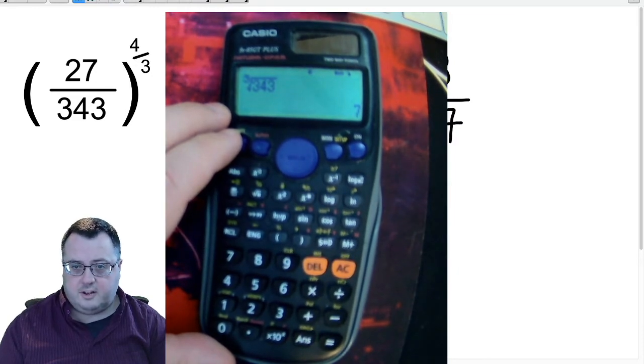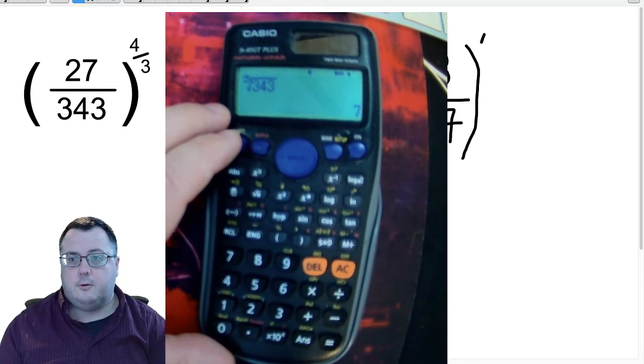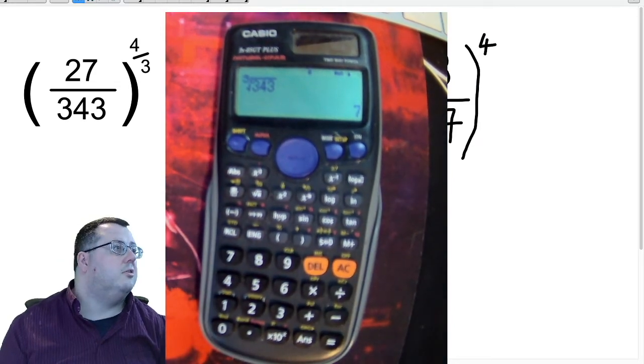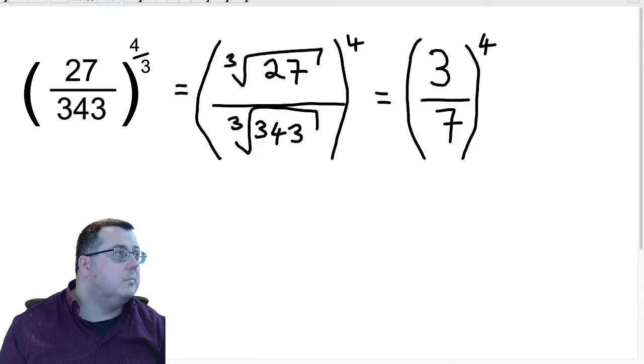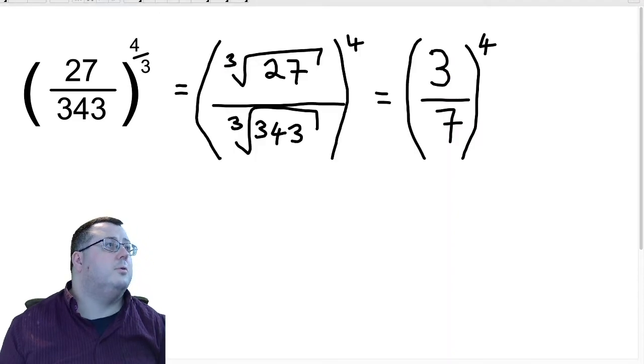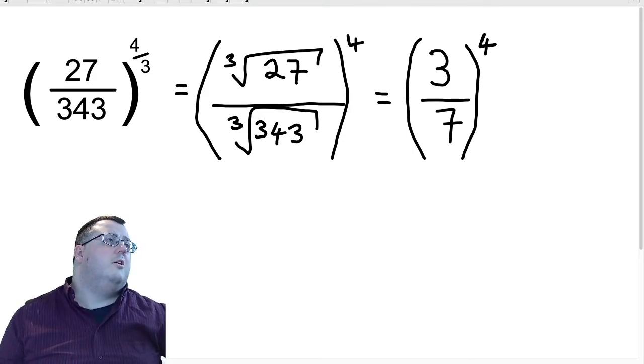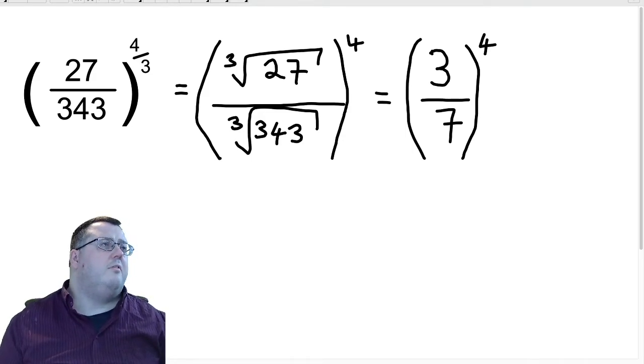And then that fraction is going to be raised to the power 4. So I'll just show you that on screen. Yeah, we worked out the cube root of 27 was 3, and we worked out the cube root of 343 was 7. And then everything is going to be raised to the power 4.